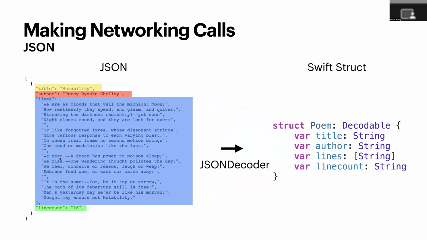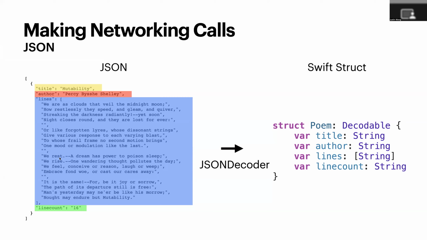And to convert or decode this data object, which is again JSON, but currently in binary format, into a struct instance, we could use something called a JSONDecoder. What JSONDecoder takes in is two things.